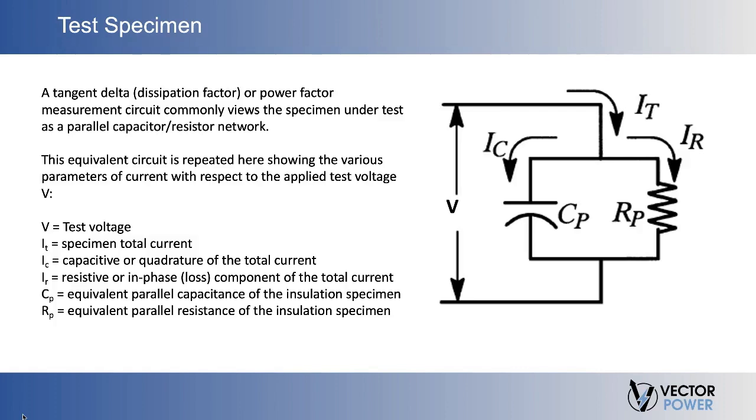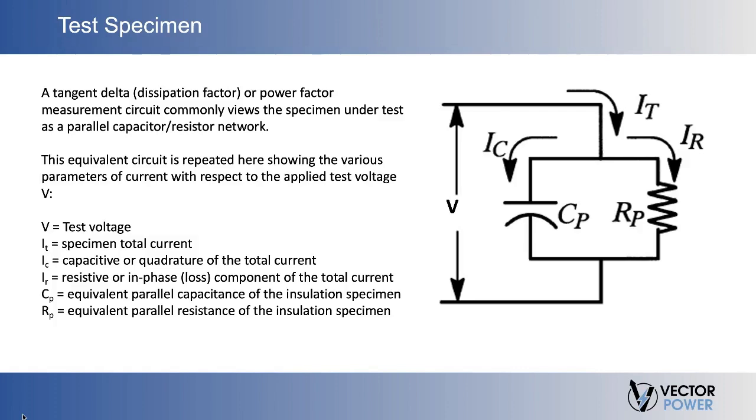I sub R would be the resistive, or in phase, loss component of the total current. C sub P equals the equivalent parallel capacitance of the insulation specimen. R sub P equals the equivalent parallel resistance of the insulation specimen.